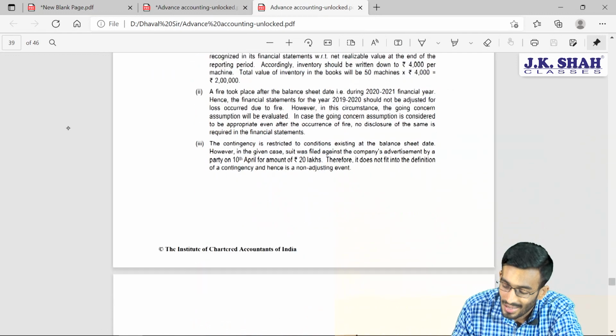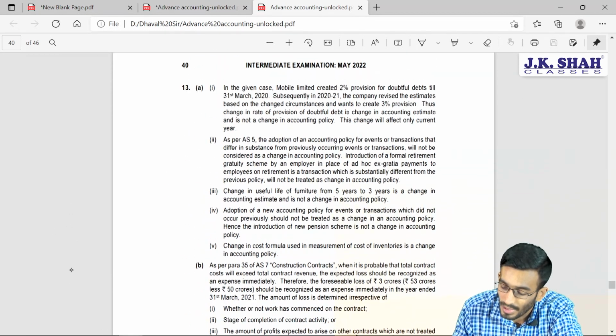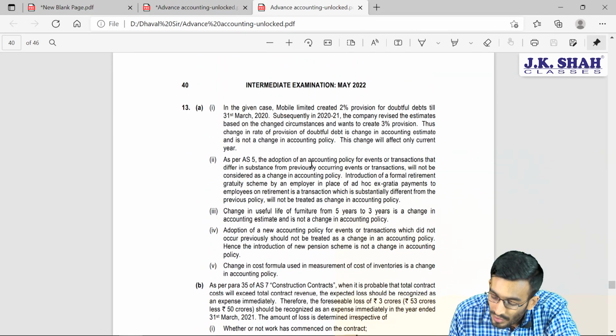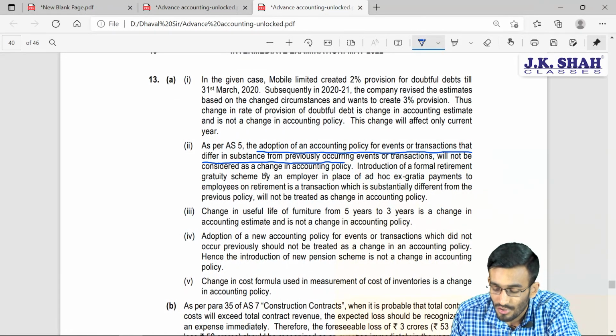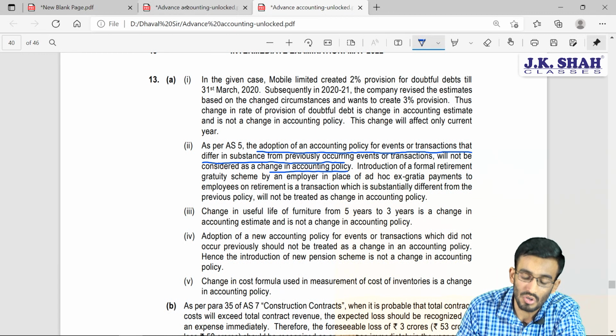So you can see the answer here which is given in the RTP. Adoption of an accounting policy for events or transactions that differ in substance from previously occurring events or transactions will not be considered as change in accounting policy. So definitely earlier there was no gratuity scheme.